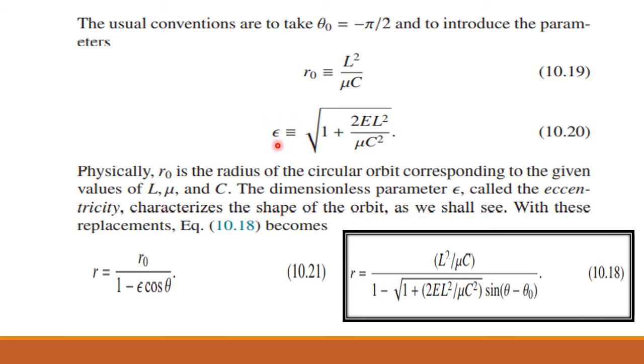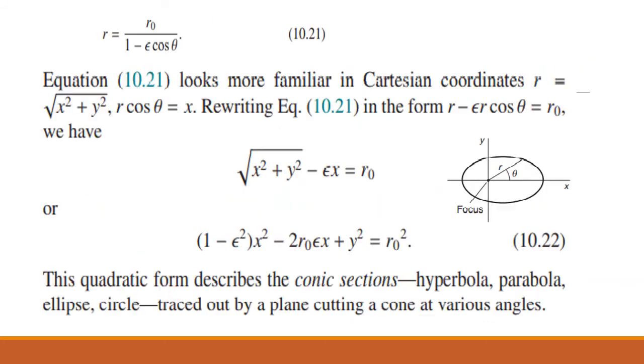The value of epsilon as well as the total energy gives the shape of the orbit which the particle or satellite will make. We substitute these two values in our equation, with theta 0 as minus pi by 2, and you get cos theta. So the result is r equal to r0 by 1 minus epsilon cos theta.